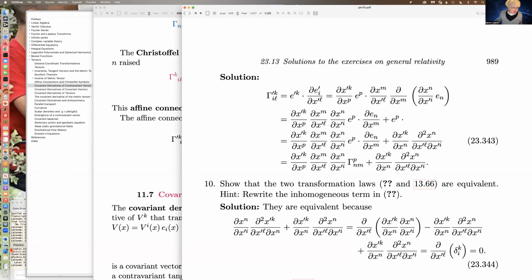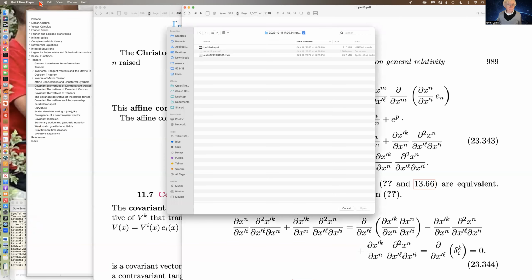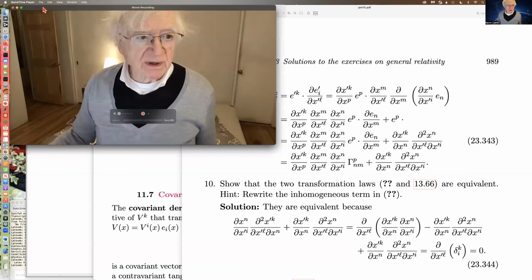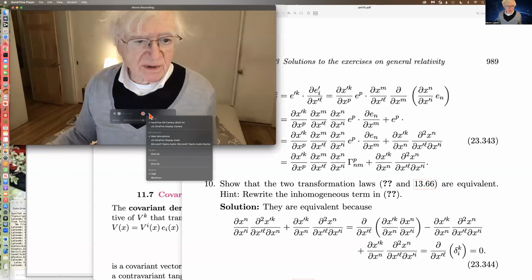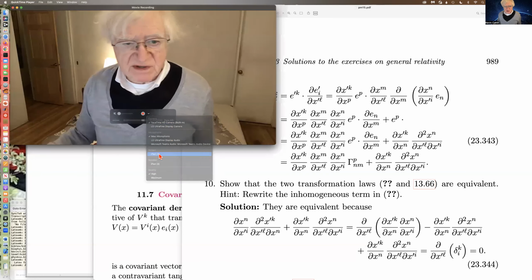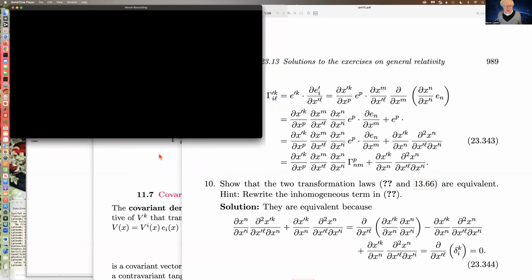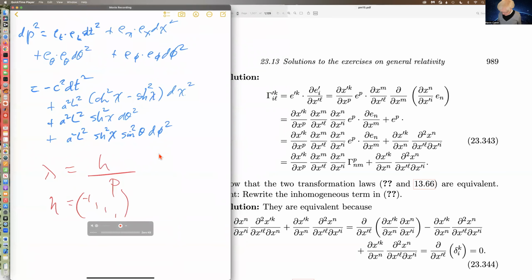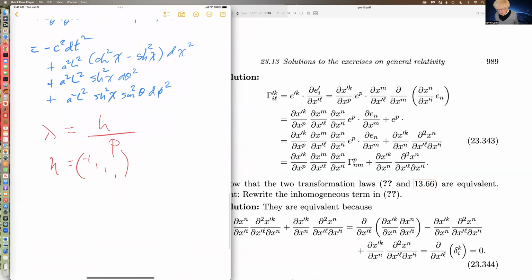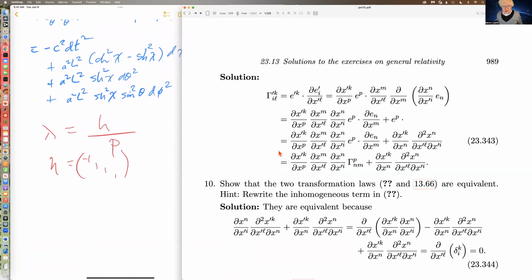And so then QuickTime, file, new movie recording. Let's see if it works this time. Yeah, it worked this time. Apparently the connection just has to be really good, otherwise it doesn't work.